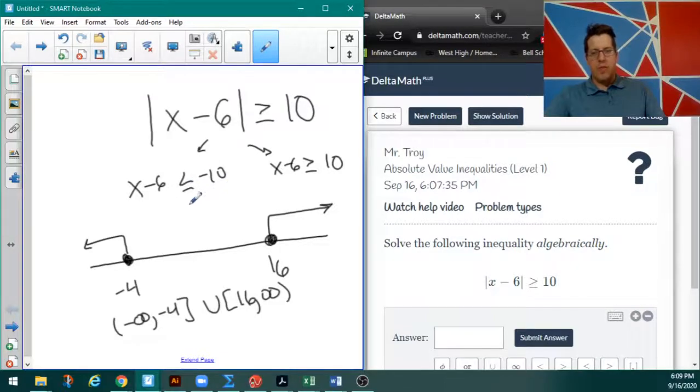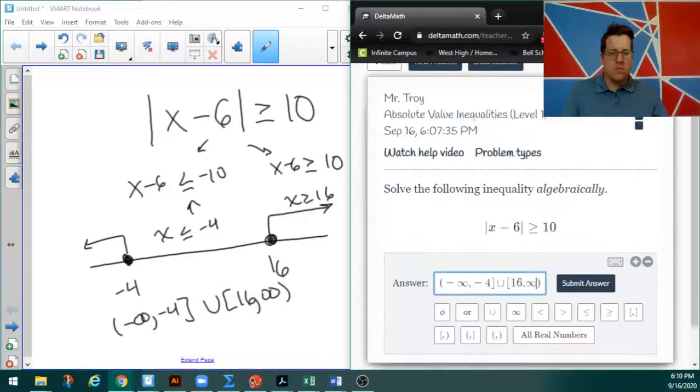So the reason I'm flipping the sign here is because I'm multiplying by negative 1, which is where I get this negative 4 from. And this gives me my 16. I'm going to plug that in and see if it works. That took a surprisingly long time to type in, so I hope I'm right.